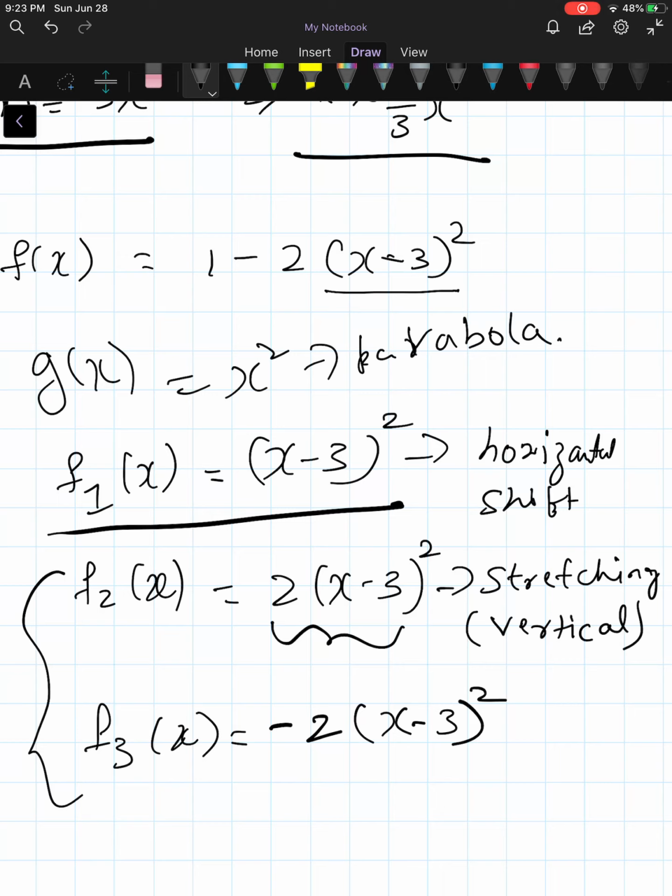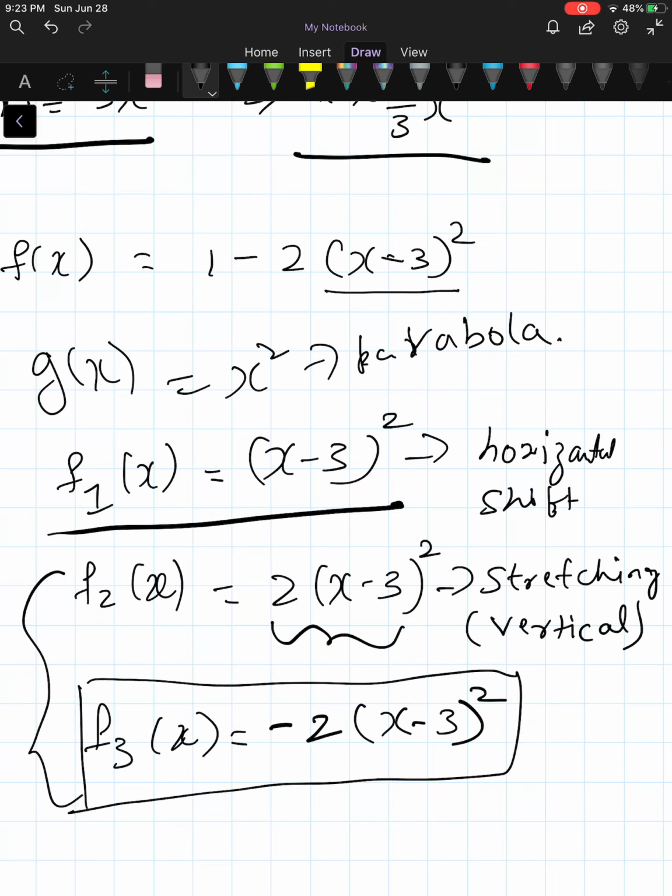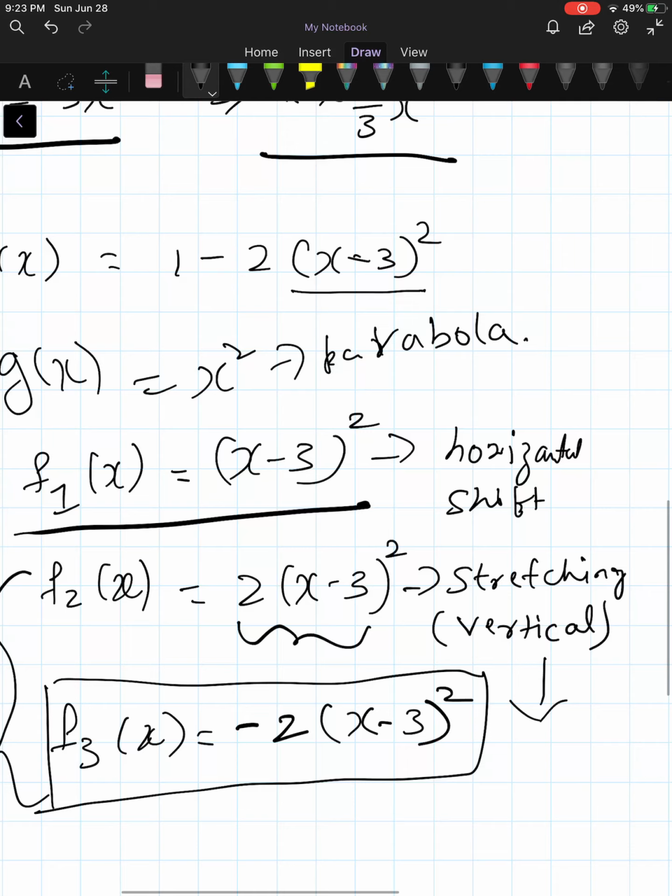You can combine these two effects by just f3 of x. You don't have to do the f2 of x. It is one and the same, stretching the graph vertically. So finally we shift upward 1 unit to get the graph f of x is equal to 1 minus 2 times (x minus 3) the whole squared.